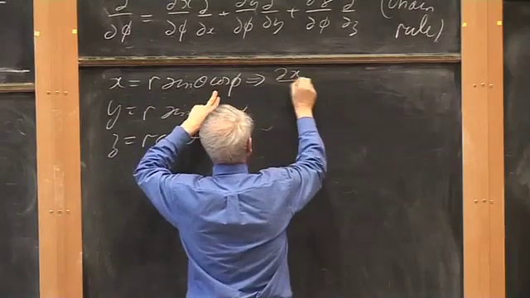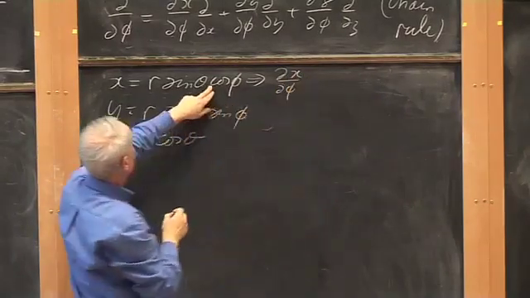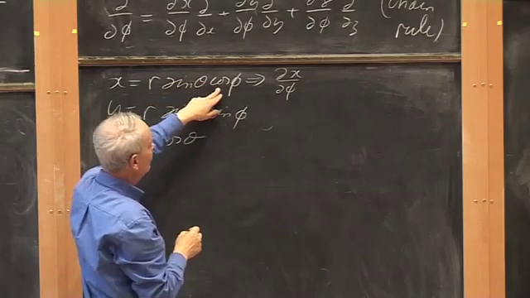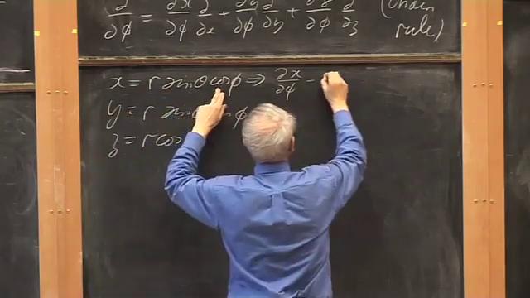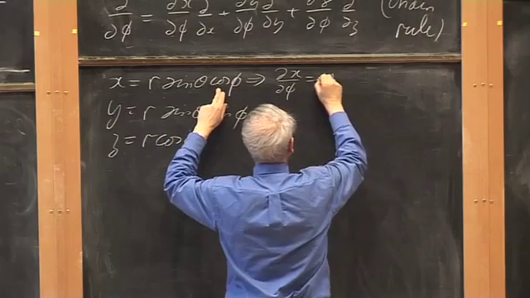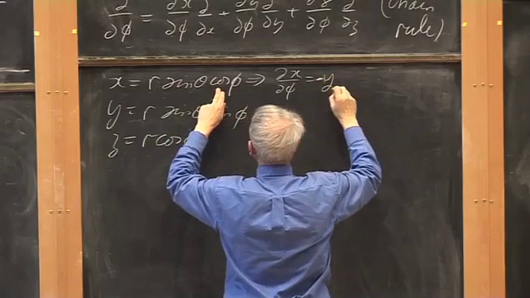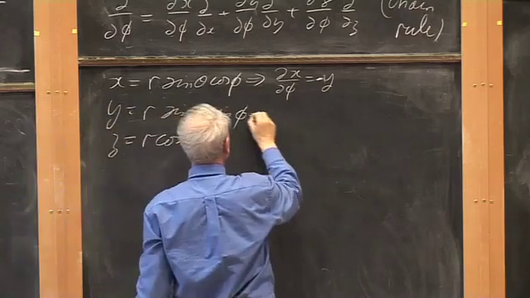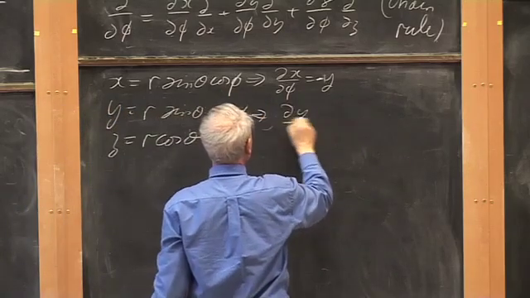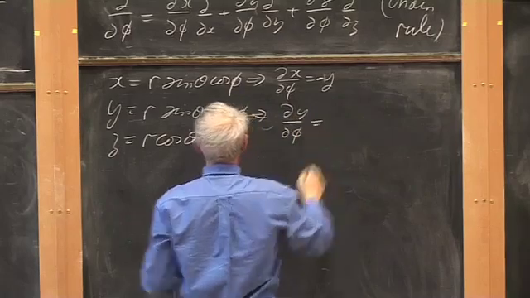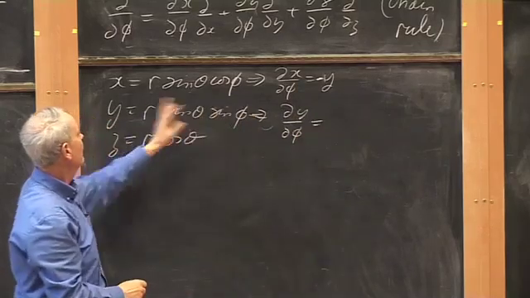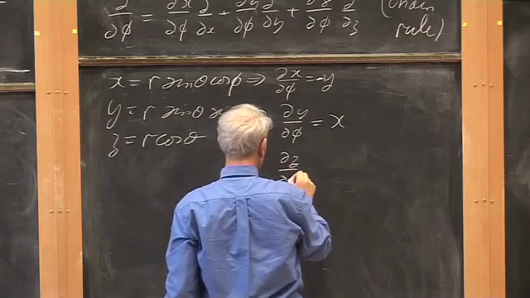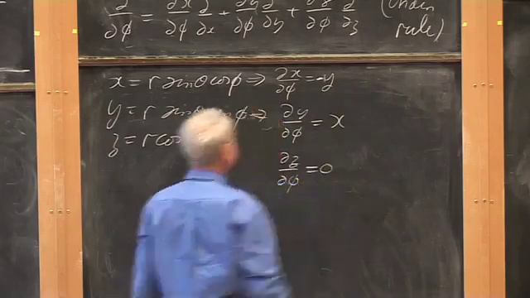We have that dx by d phi is going to be minus r sine theta sine phi, which is simply minus y. Similarly dy by d phi becomes a cosine, and therefore this becomes x. And we have that dz by d phi is nothing at all.